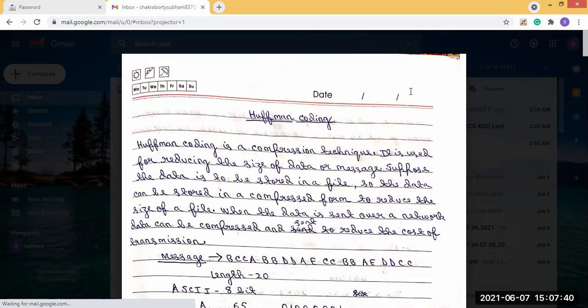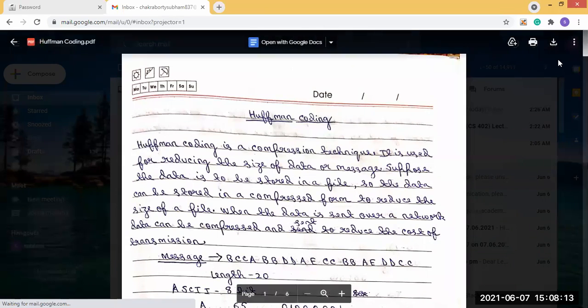If we send all the bits in full, the cost of transmission will increase. So we reduce the size of the data before transferring it over the network, so that our cost will be less. Now we'll see how it can be done.